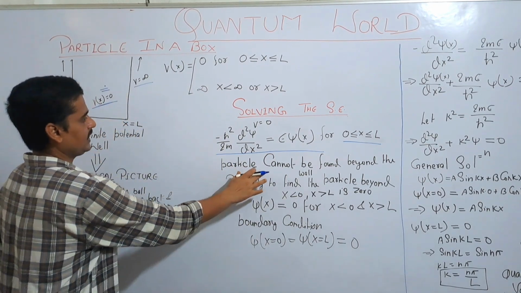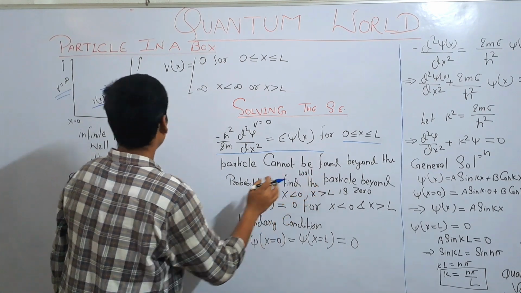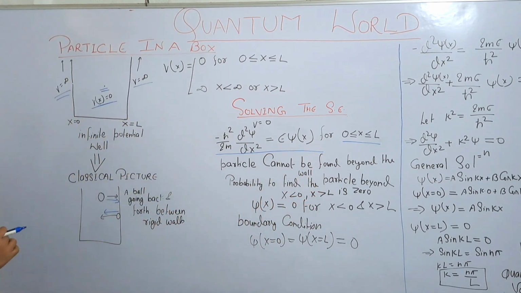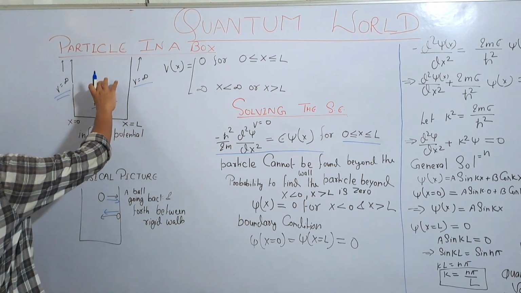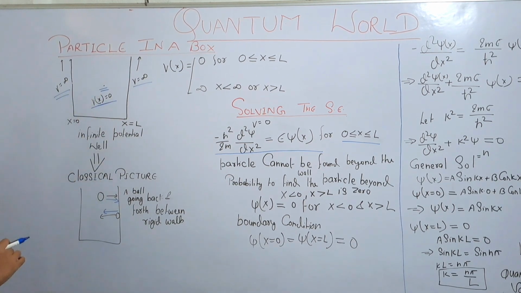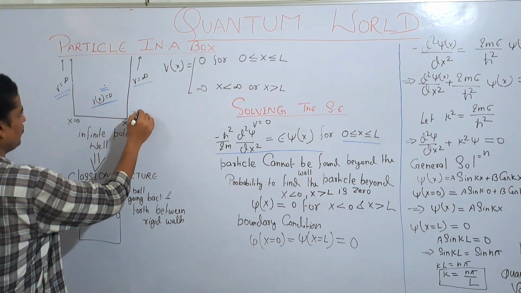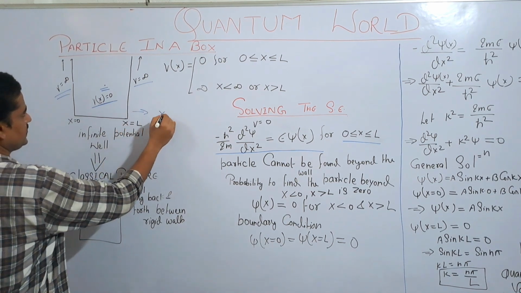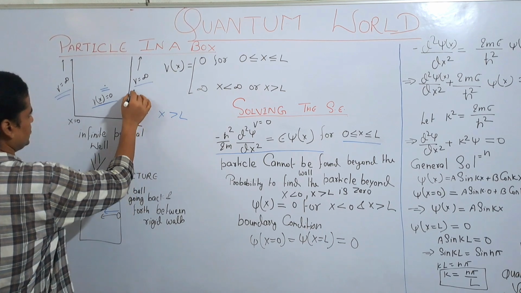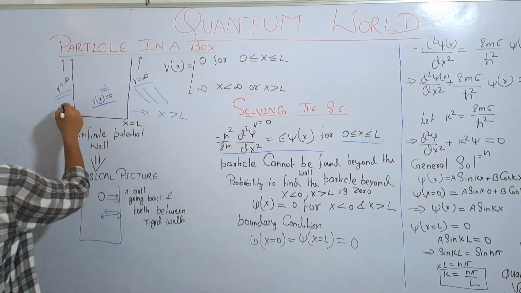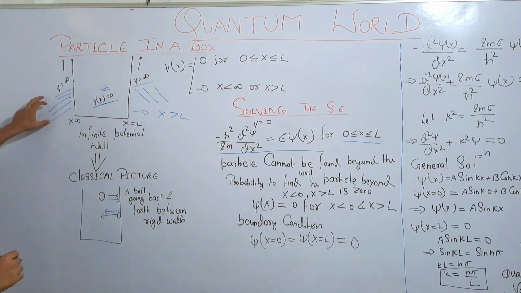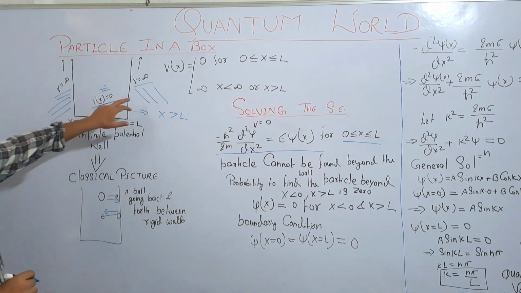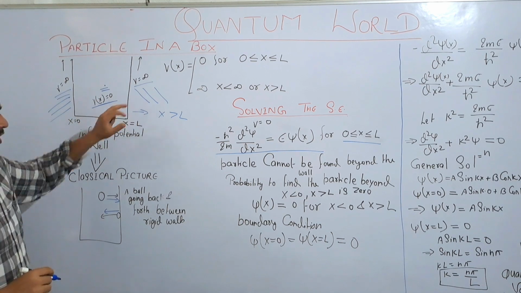Now the particle cannot be found beyond the wall. The probability of finding the particle is limited to the box. We cannot find the particle beyond the wall. If x is greater than L, it means in this region or in this region, the probability of finding the particle will be 0.